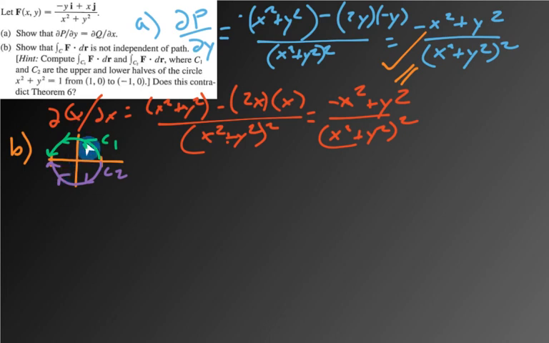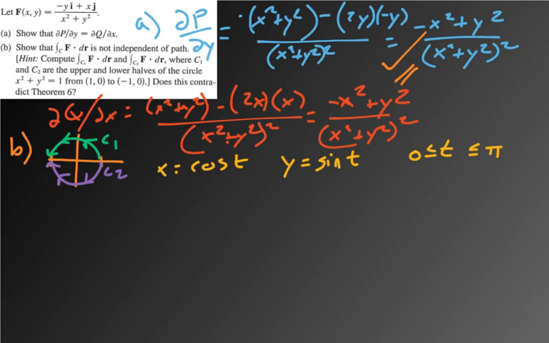It seems like you should get the same thing, but you're not going to. All right, so I'm just going to do standard parametric equations for a circle. I'm going to do x is cosine, y is sine, and we're going to run from 0 to pi.